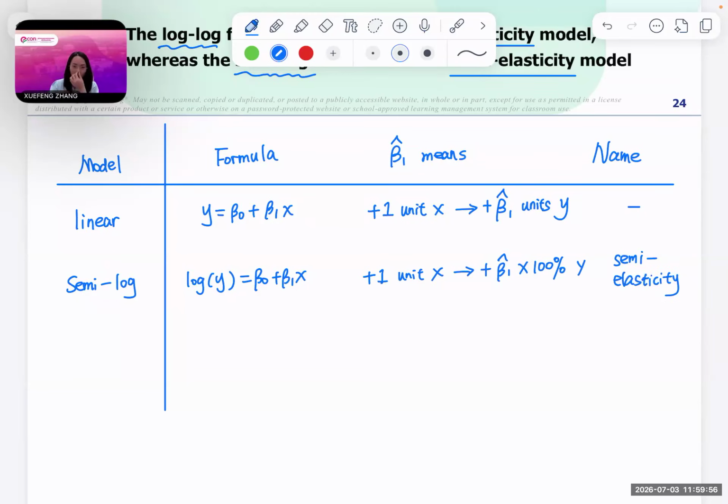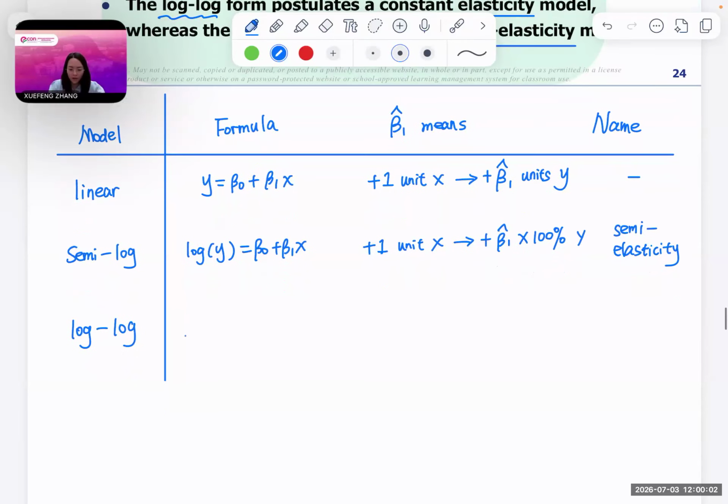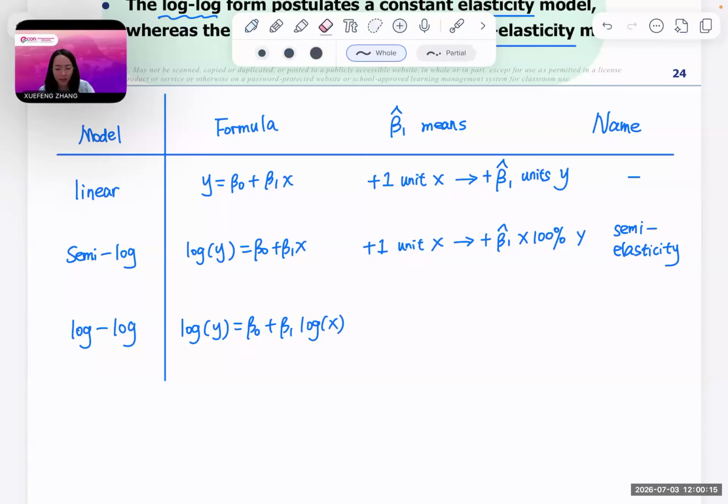The last one, log-log. So the form is log y equals beta 0 plus beta 1 log x. Okay, we take log of x and y.